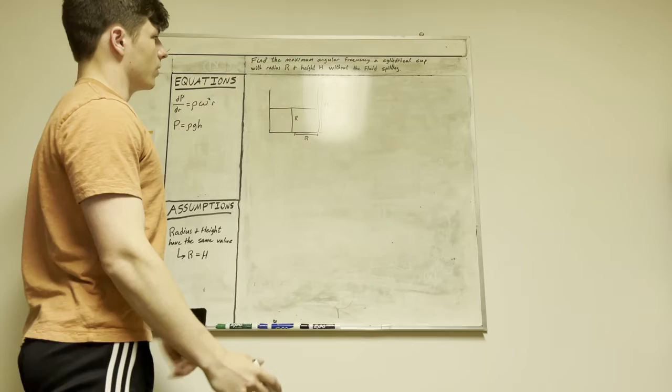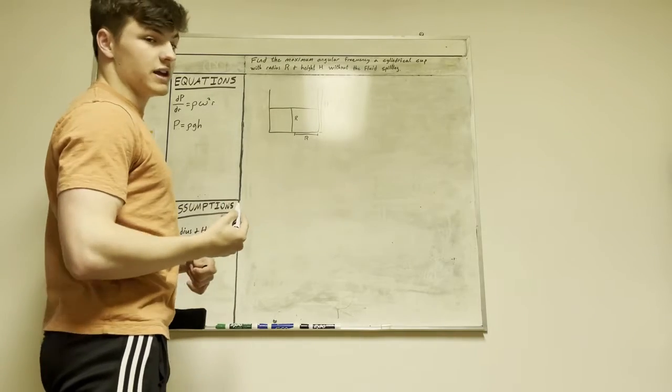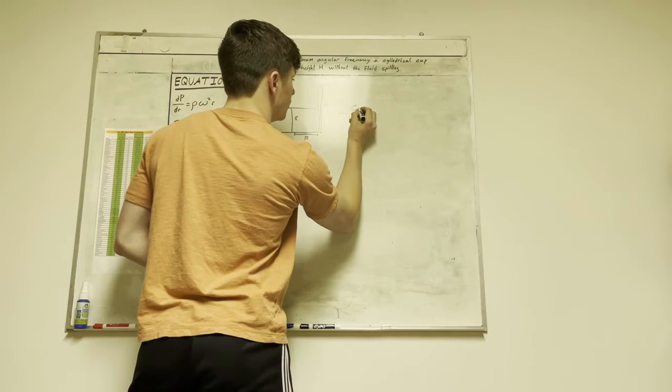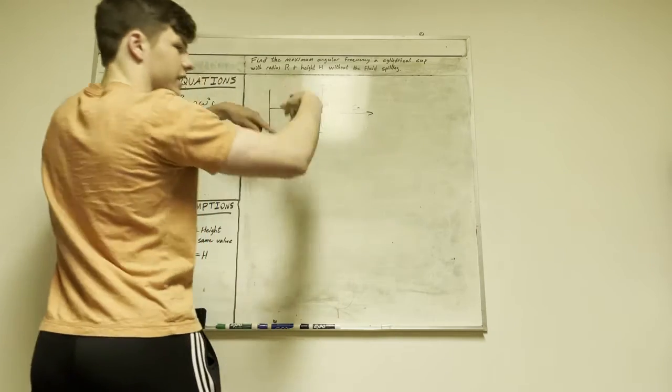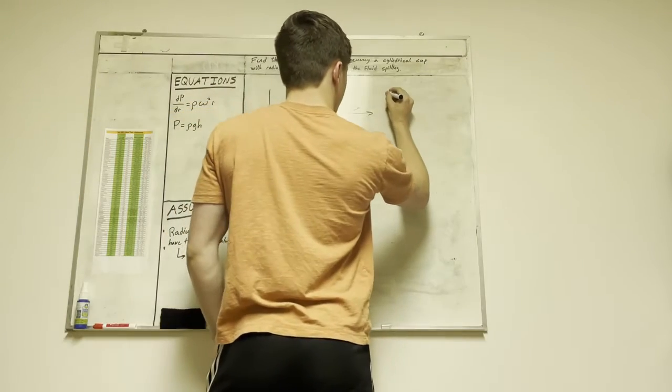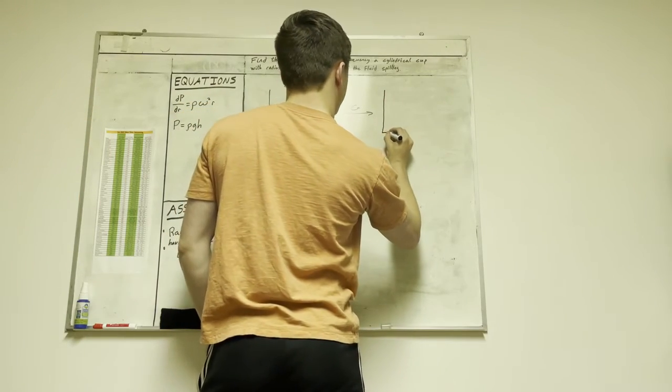What we're doing is giving it some angular frequency, and what will happen is the fluid will move in a parabolic shape up the edges of the cup. So what that'll look like is this.